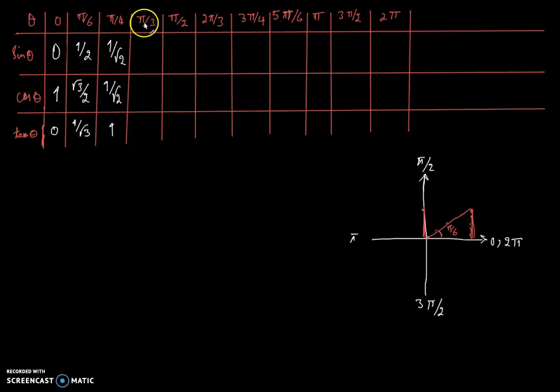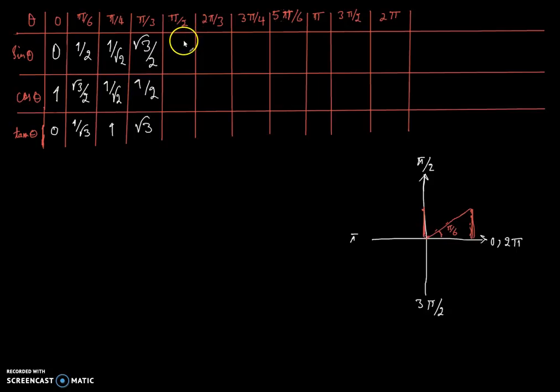And pi by 3, which is 60 degrees, is the opposite of pi by 6 in the case of sine and cos. So it's root 3 by 2 for the sine, and 1 by 2 for the cos. Then the tan value would be root 3.